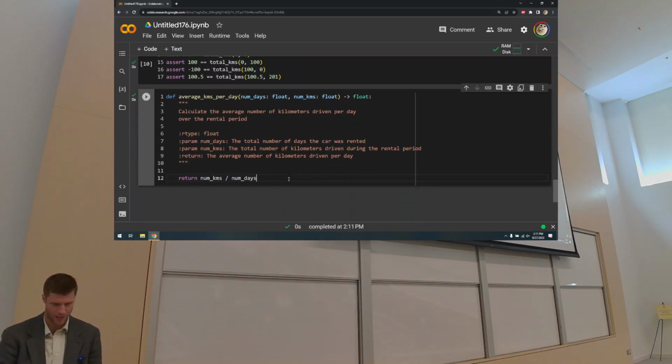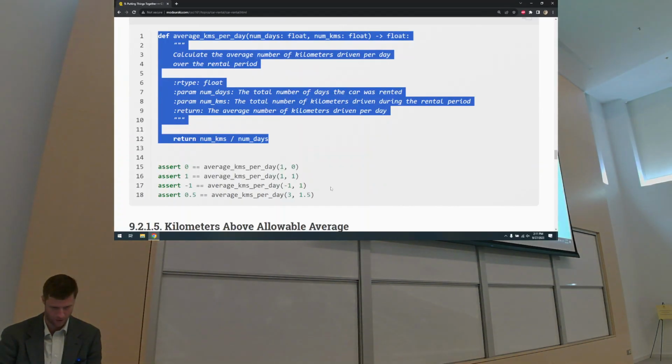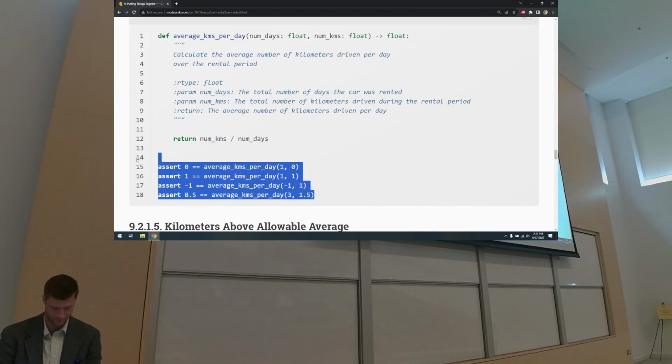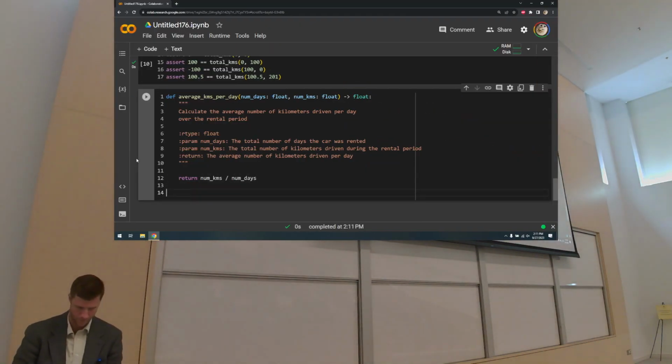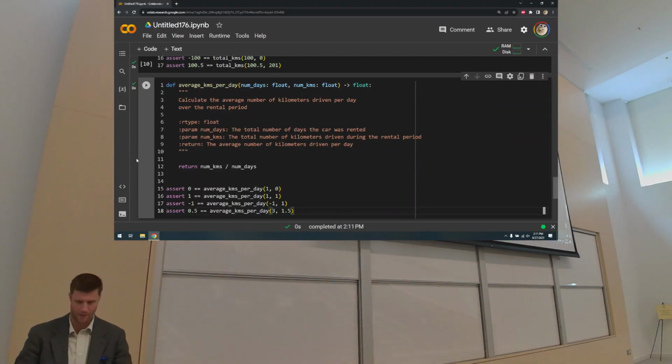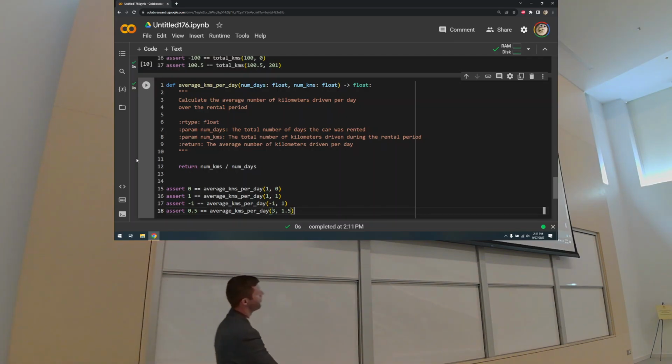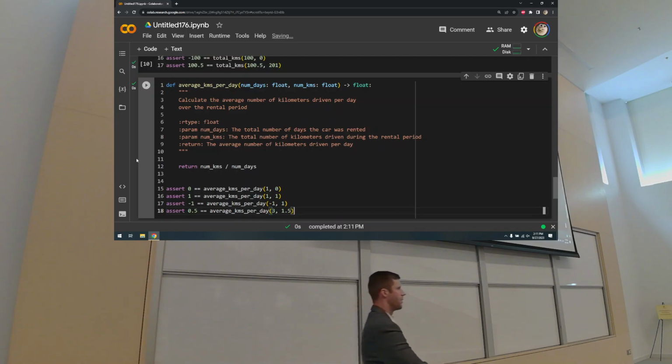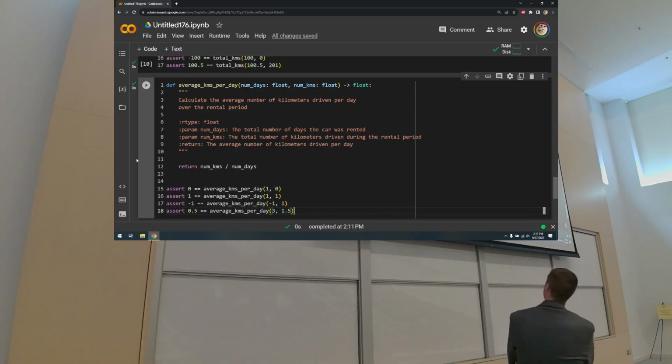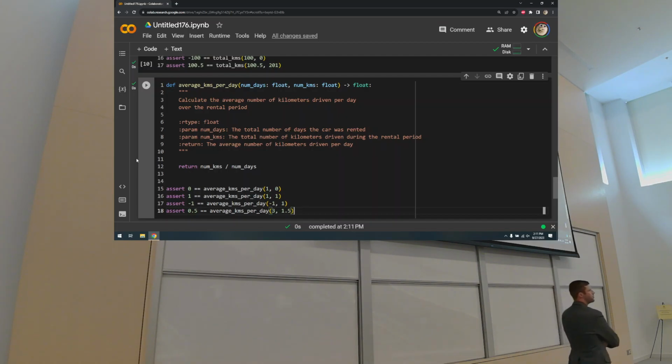Average kilometers per day. I forgot my assert tests. There, I'm happy. Again, another ultimately one line of code function, but num kilometers divided by number days, that's probably not going to confuse anybody.